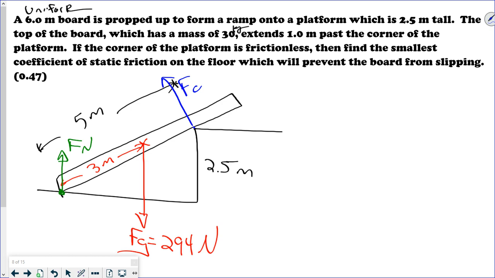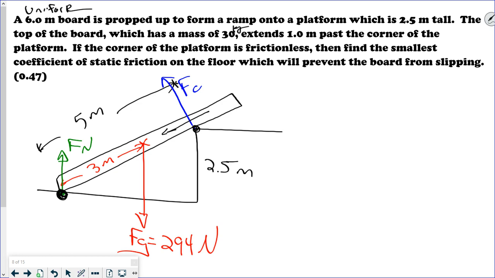So it says if the corner of the platform is frictionless, then find the smallest coefficient of friction on the floor. So there's got to be some friction down here, right? Because if this point here is frictionless, hopefully it makes some sense that the board is going to want to slide down, this way, right?